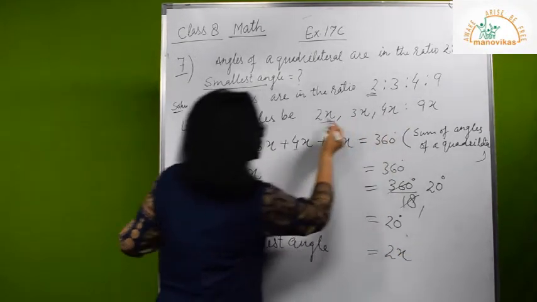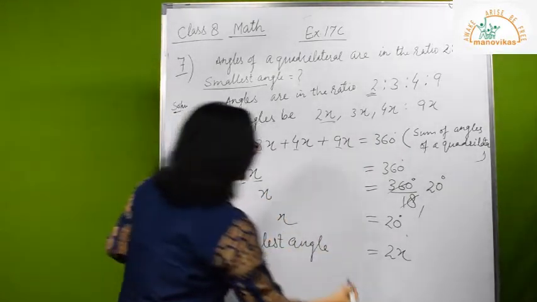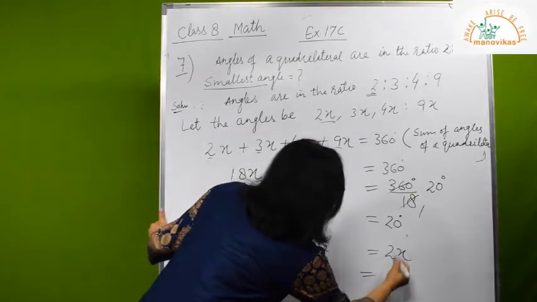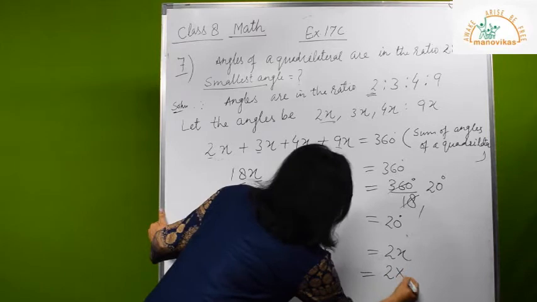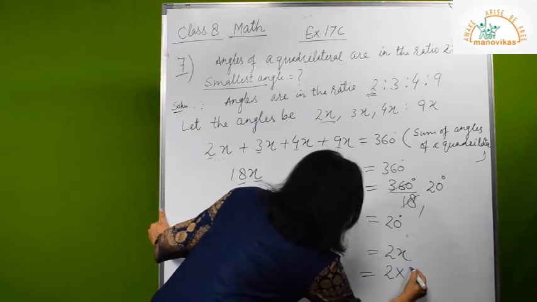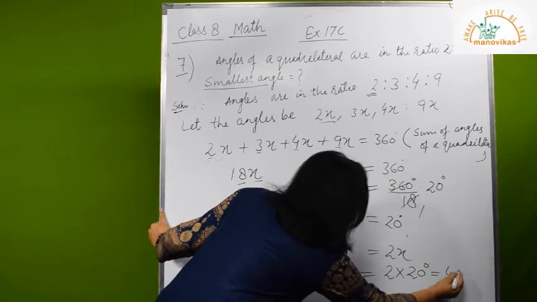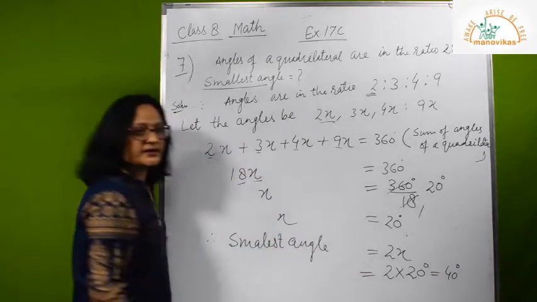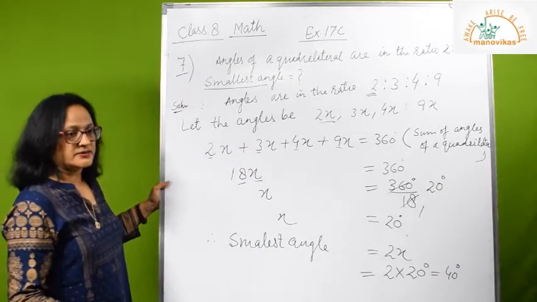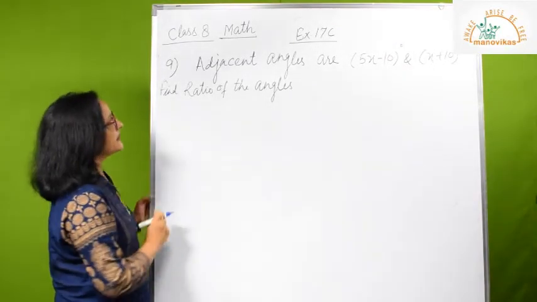Among these 4, 2x is the smallest one. So find the value of this smallest angle. X is 20, so 2 into 20. That means the measure of the smallest angle will be 40 degree. This is the answer.